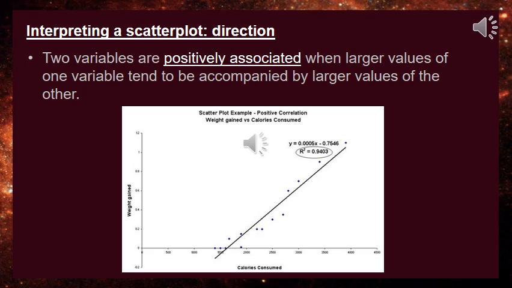For example, here in this scatter plot, you see the correlation between the weight gained, which depends on the calories consumed. When someone consumes more calories, the weight gain goes up. So both quantitative variables go up together. The correlation is positive.